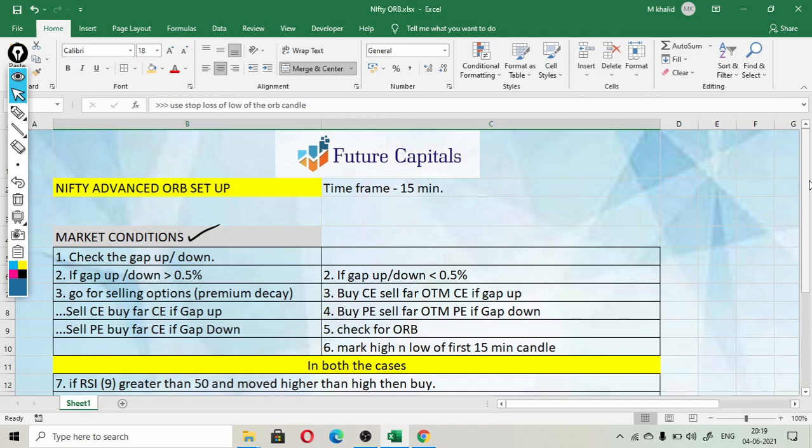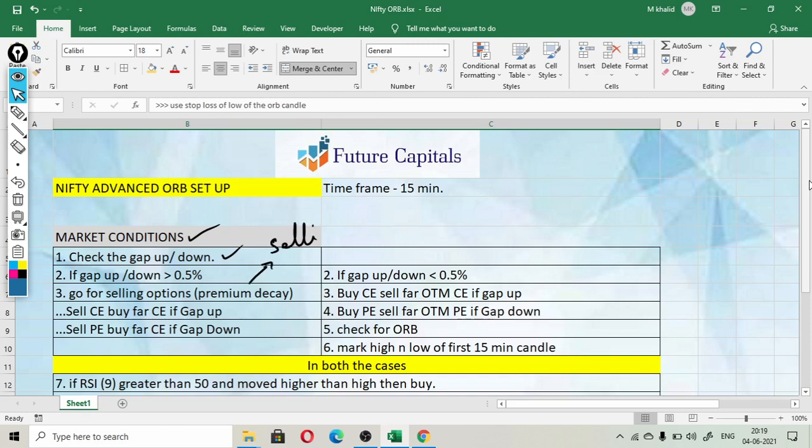Either the market opens gap down or gap up. If this gap up or gap down is greater than 0.5% or less than 0.5%, this matters. If it is greater than 0.5%, then we will go for option selling.